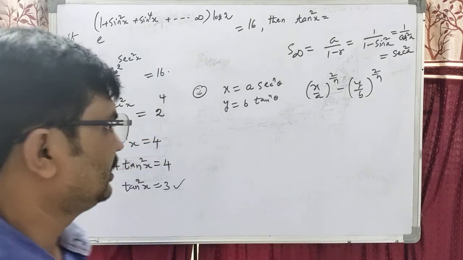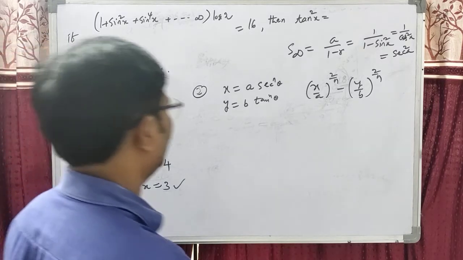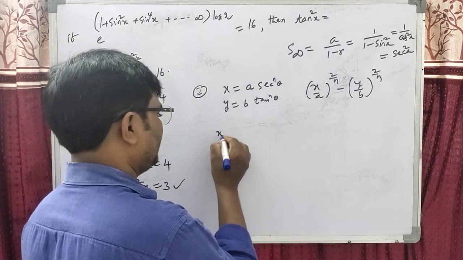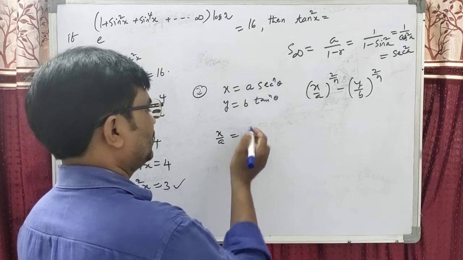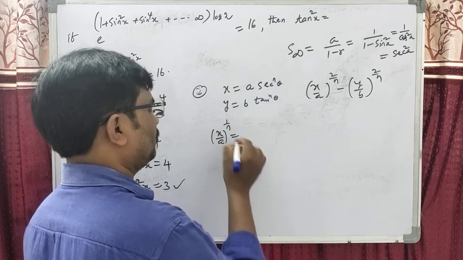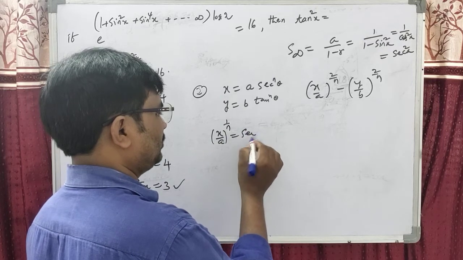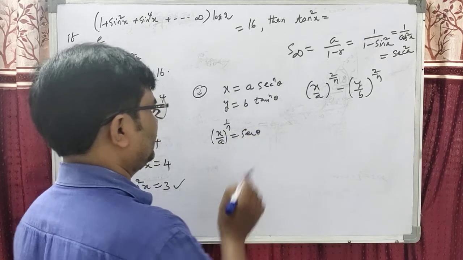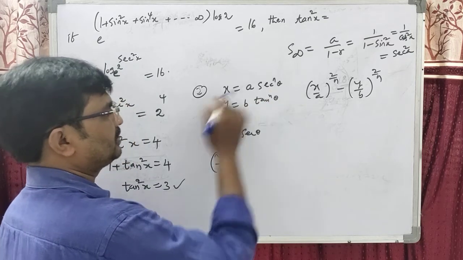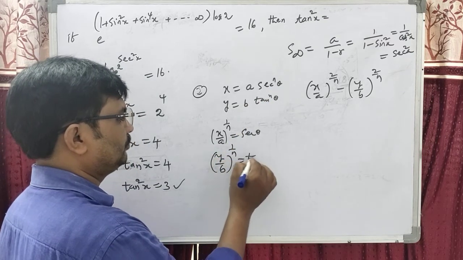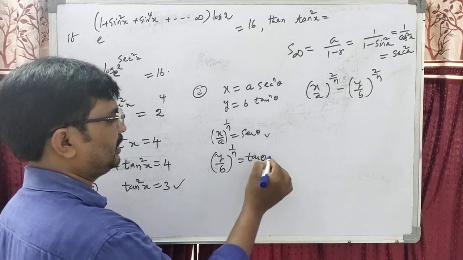Or we have to take some substitution instead of theta. Dear students, this can be written as x by a equals secant power n theta. The n is also sent to the other side as 1 by n, so this is secant theta. Similarly, y by b, power 1 by n, is tan theta.